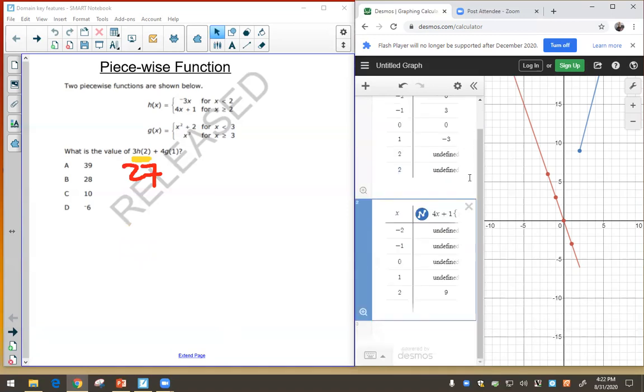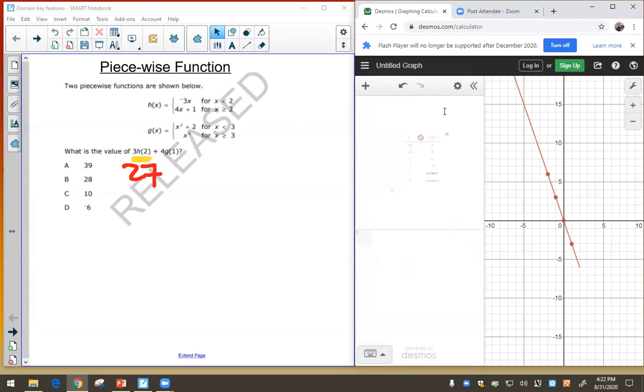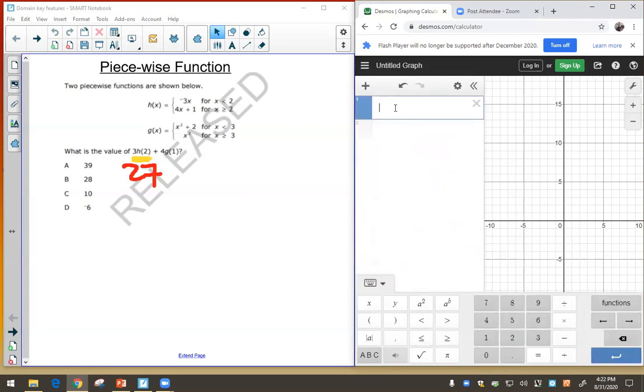So let us get rid of this stuff out of Desmos because we're finished with the H, moving to the G. So first we're saying y equals x squared plus 2, okay? I need to enter the possible x values. So curly brackets, x less than 3. Okay, that is finished. So you see the piece of the piecewise.